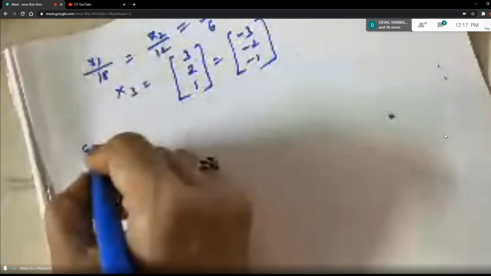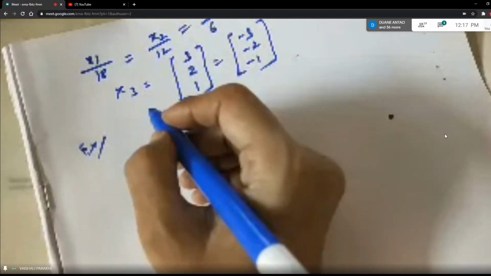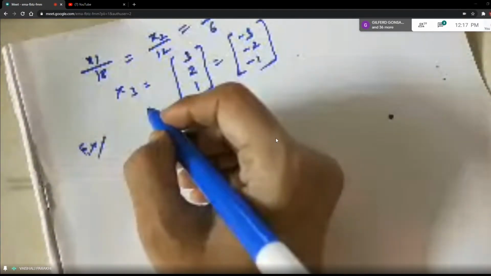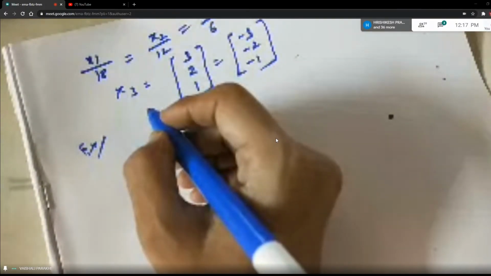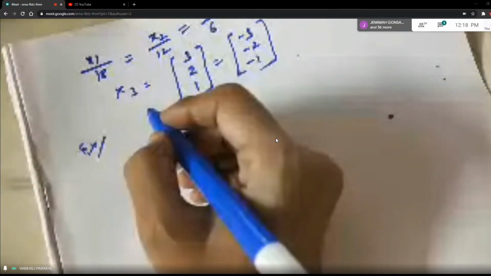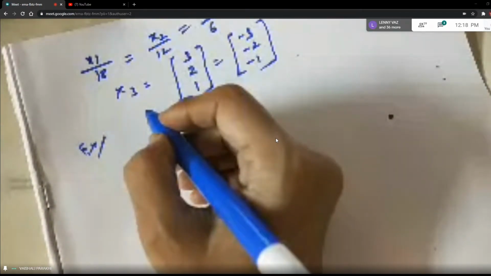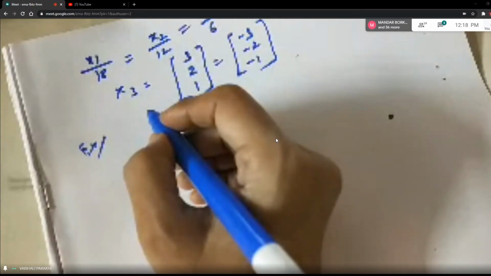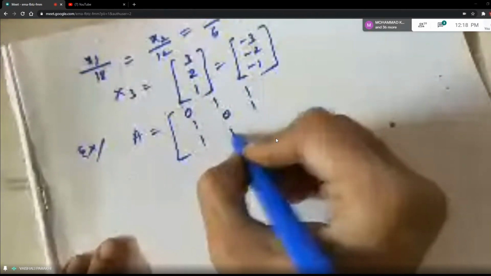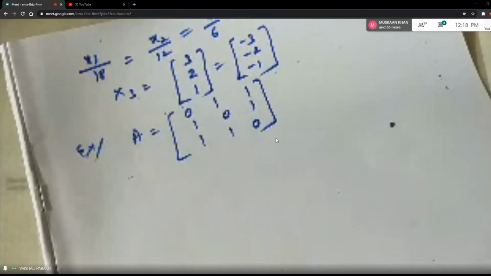Find eigenvalues and eigenvectors of the matrix A is equal to, a simple one I am giving you: 0 1 1, 1 0 1 and 1 1 0. Okay, 0 1 1, 1 0 1 and 1 1 0.